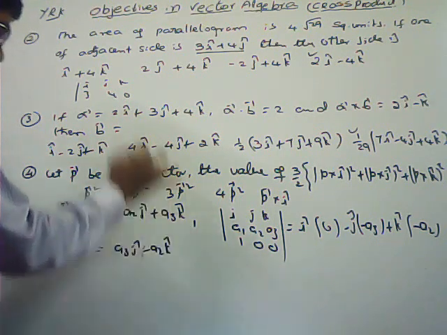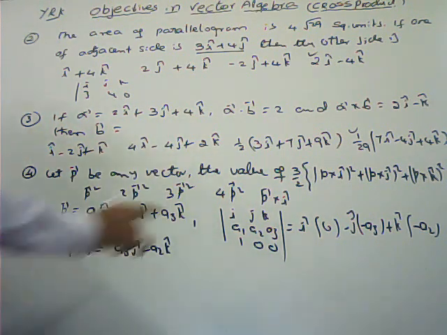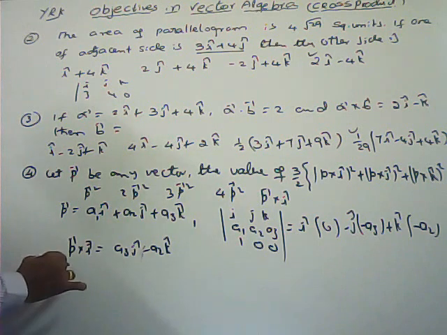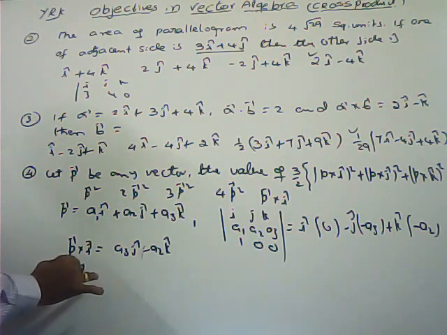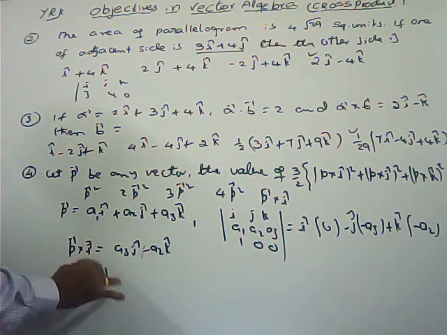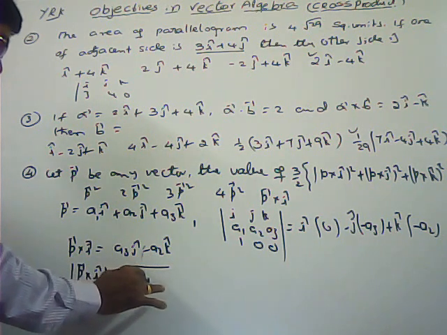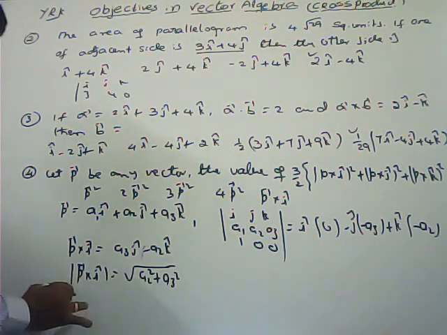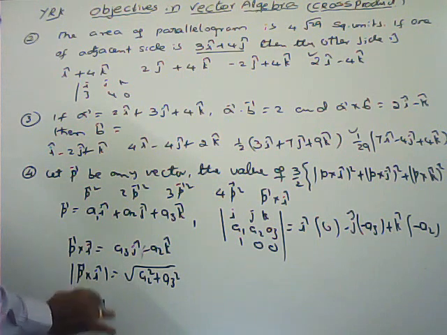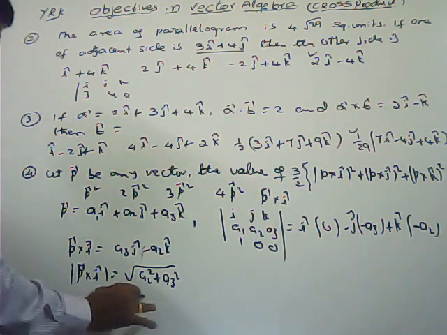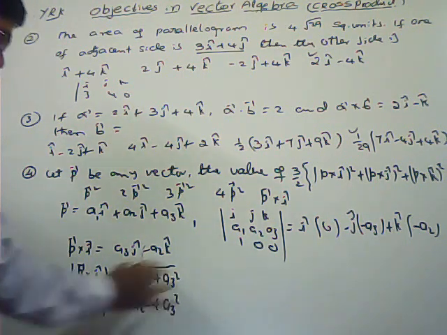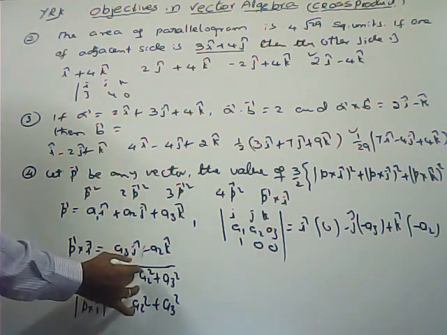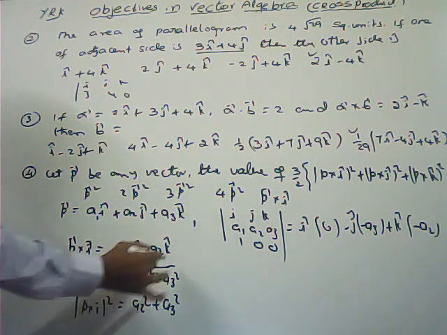Here, what is the modulus of this one? Modulus of P bar cross i cap is equal to root of a2 square plus a3 square, and modulus of P bar cross i cap whole square is a2 square plus a3 square. So if I take i cap, I am getting a2 square plus a3 square.